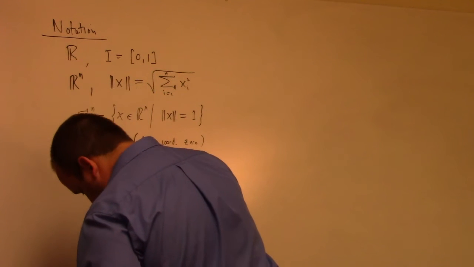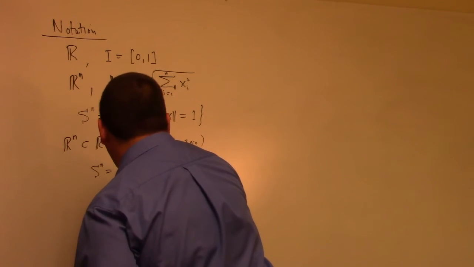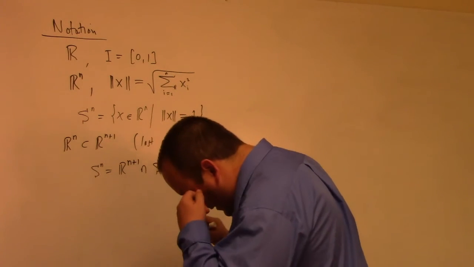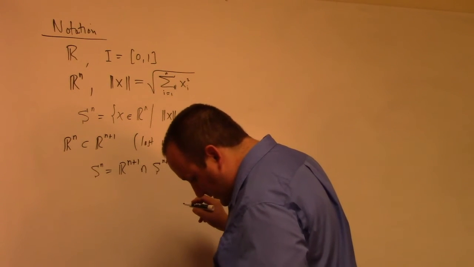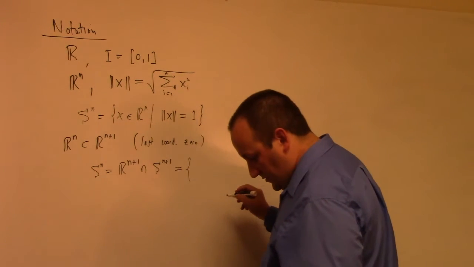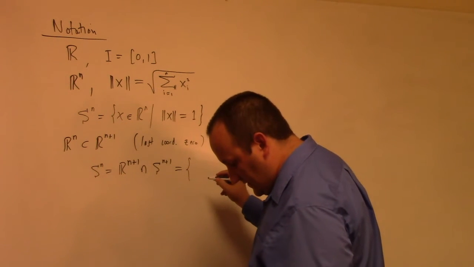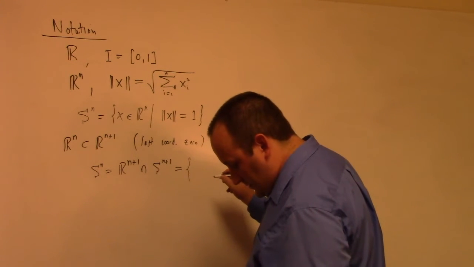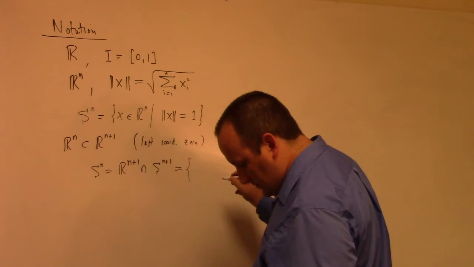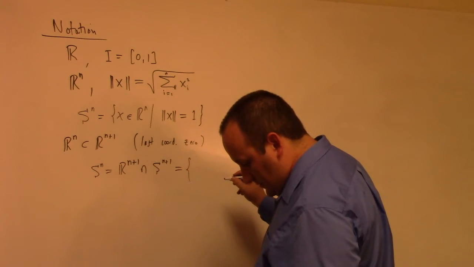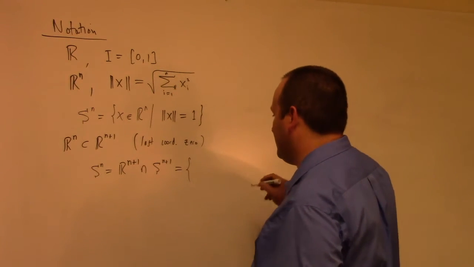Sn equals Rn+1 intersect Sn+1, right? And in terms of an actual set-builder description, what is that? That's x1... Oh, this is very sneaky.